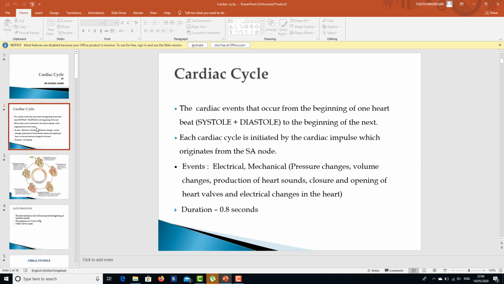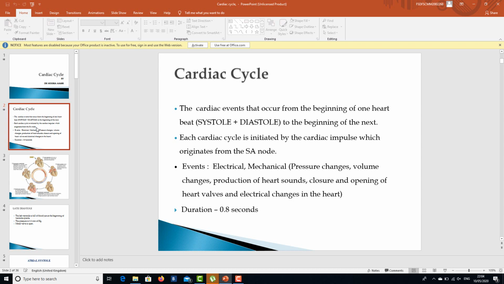The cardiac events that occur from the beginning of one heartbeat to the beginning of the next heartbeat are collectively known as the cardiac cycle. So whatever cardiac events occur from the beginning of one heartbeat to the beginning of the next are all encompassed by this broad term, cardiac cycle.